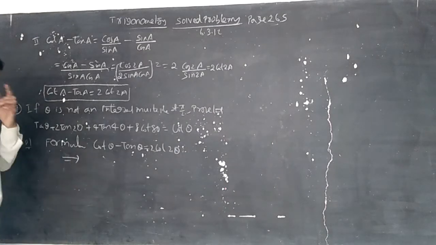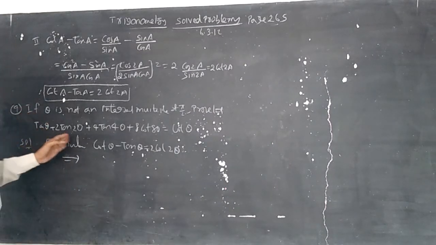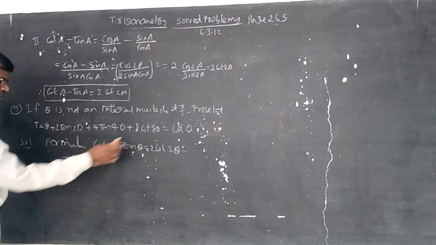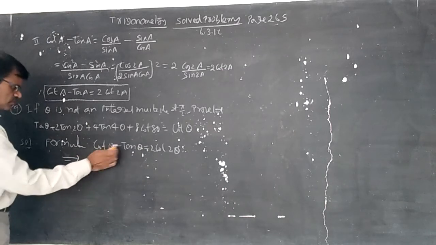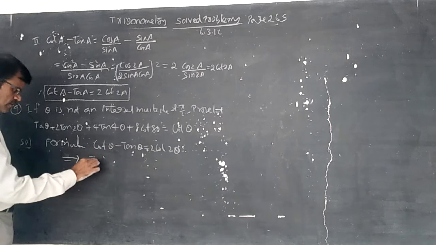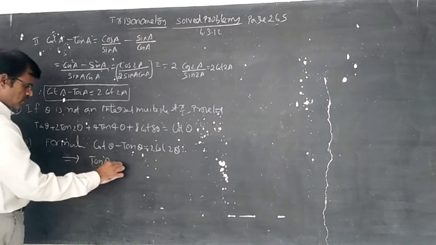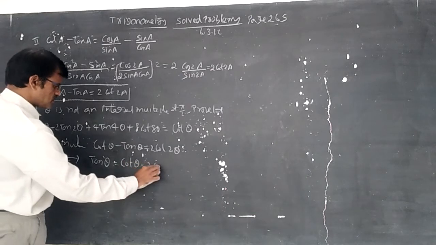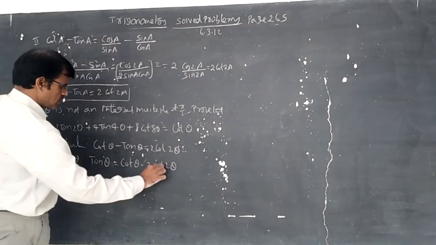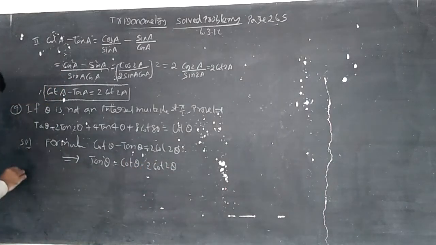Depending upon this one, we should convert all tan theta terms into cot theta terms. So, taking tan to that side and writing like this, tan theta is equal to cot theta minus 2 cot 2 theta.